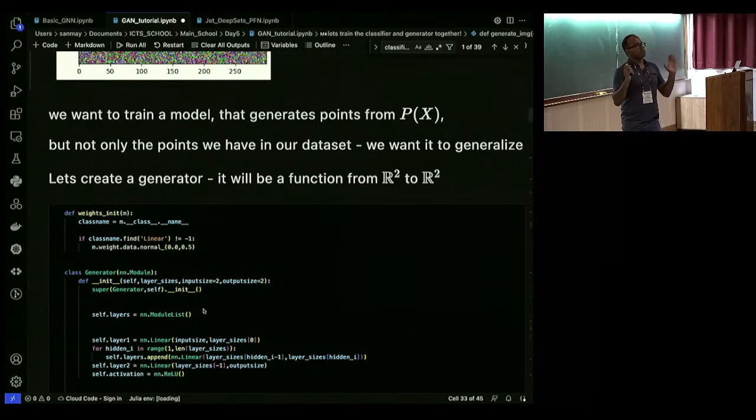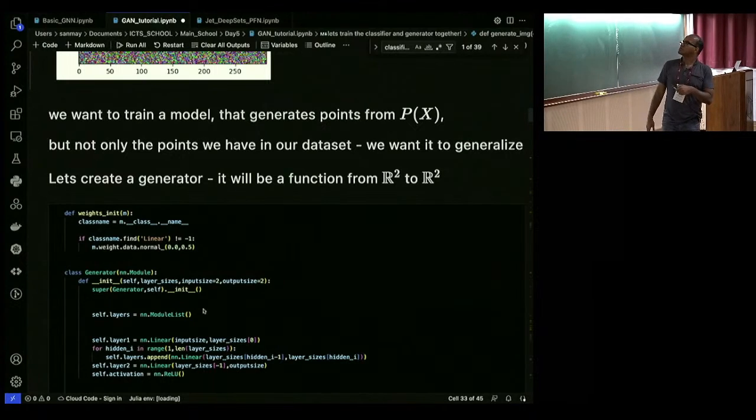So remember what the generator is. It takes some arbitrary distribution, let's say 2D, and tries to put out a meaningful distribution in 2D, which we are looking for. So this function, the neural network which we will write, will replicate P(x), a universal approximator of P(x).